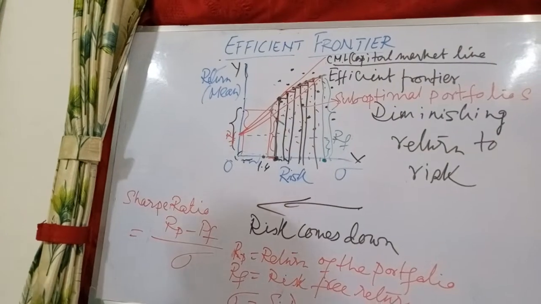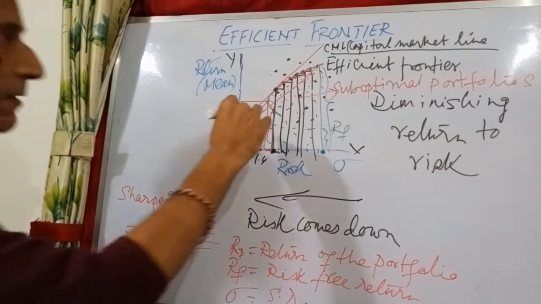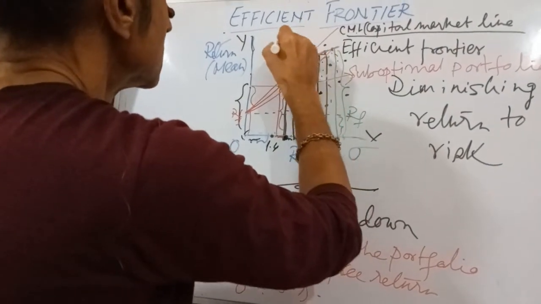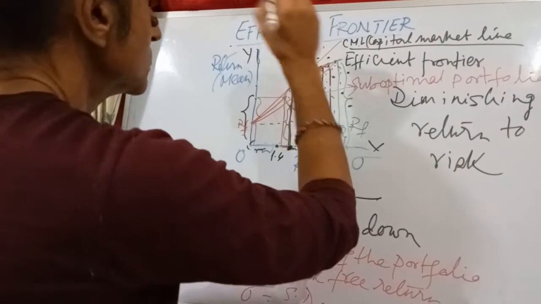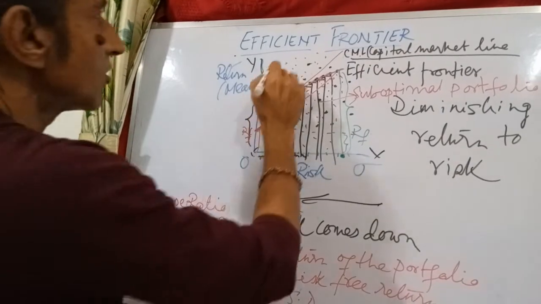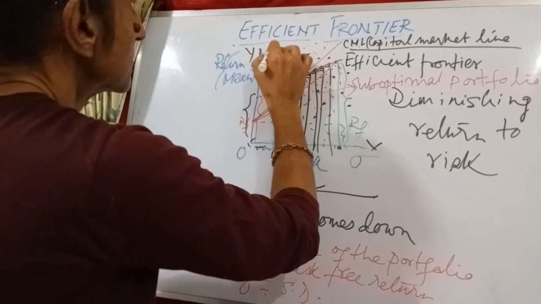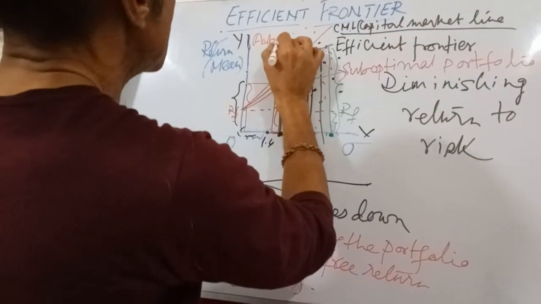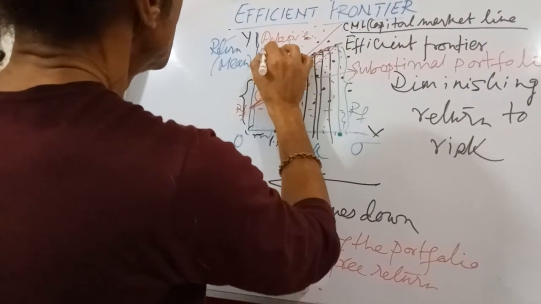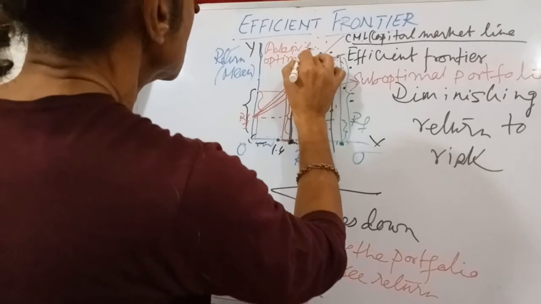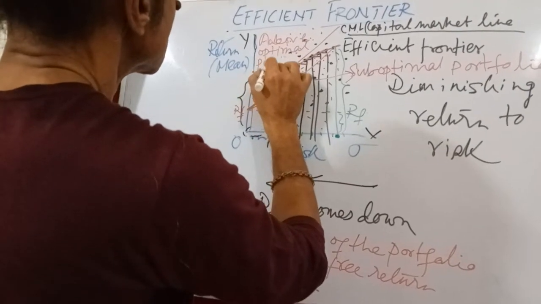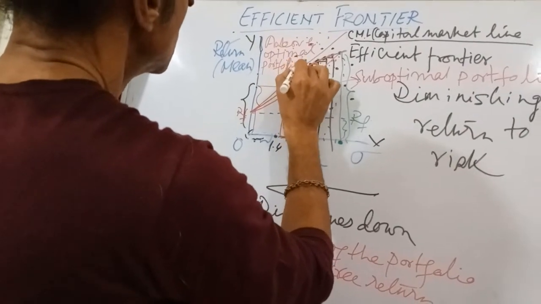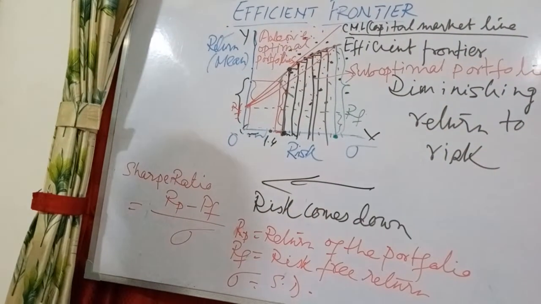And all portfolios lying above the efficient frontier, that means in this section, there are many portfolios. These are called above optimal portfolios.